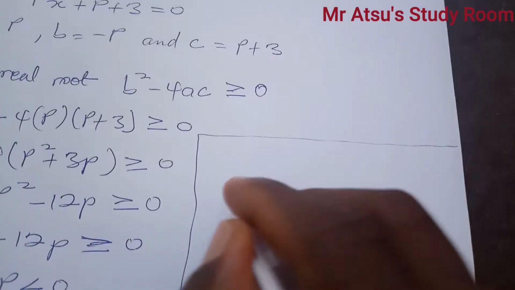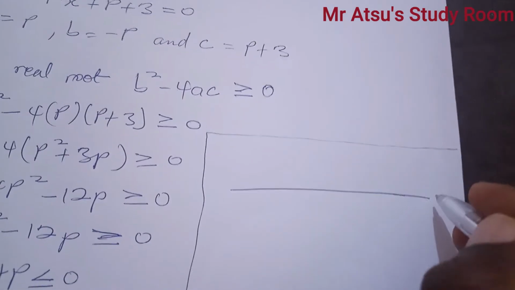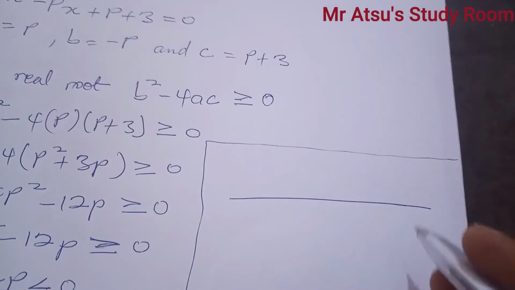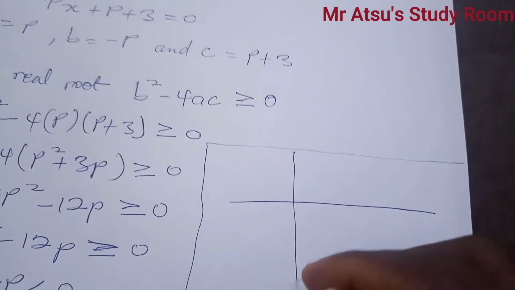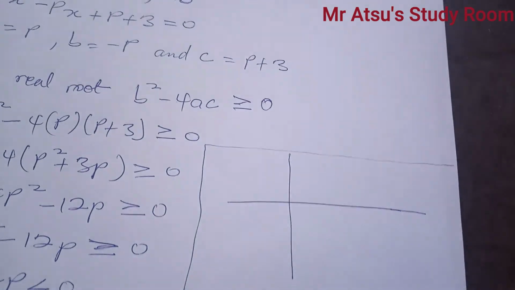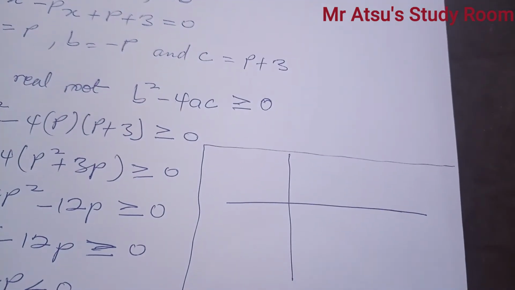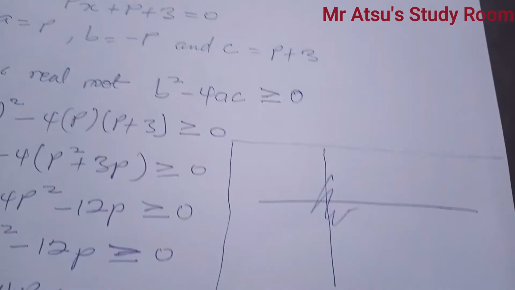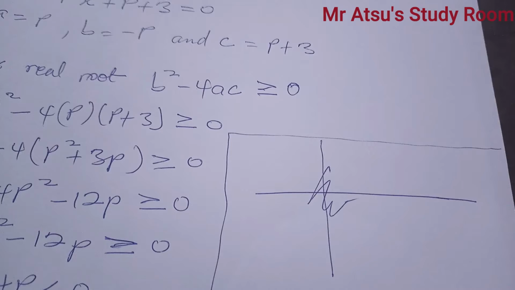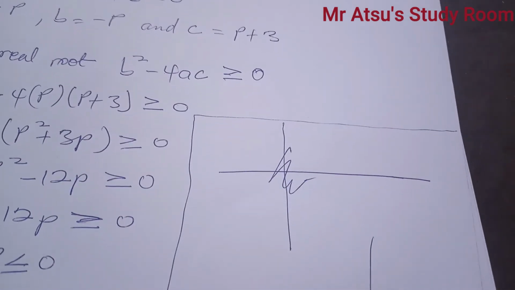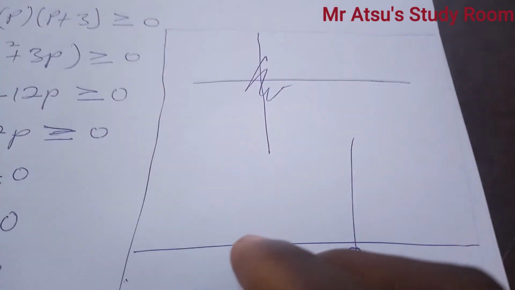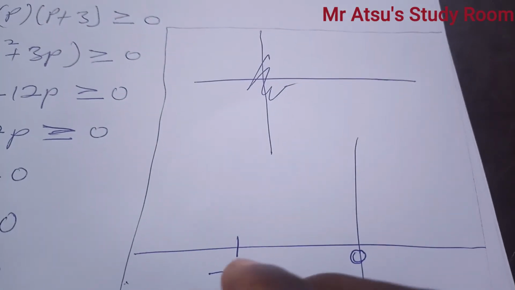I'm going to have my graph. I have my 0, and I have -4 to the left of 0.